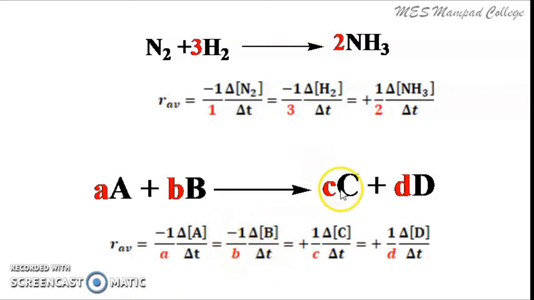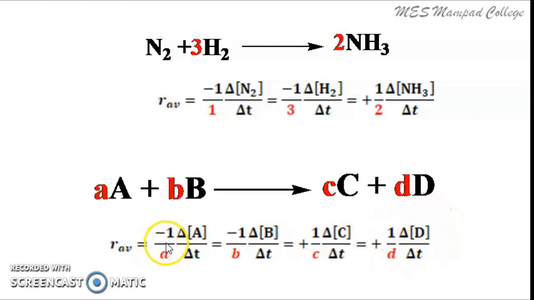With respect to the products C and D, plus 1 by c, delta C by delta t, plus 1 by d, delta D by delta t. So the average rate can be written either in terms of A or in terms of B or in terms of C or in terms of D.